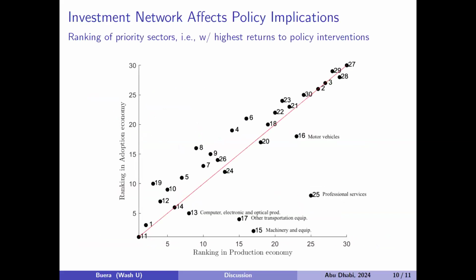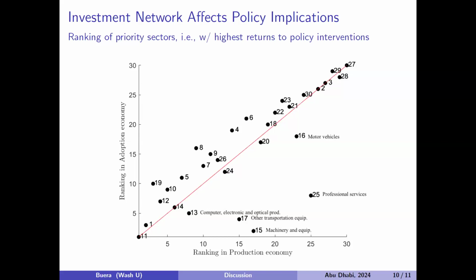So an example of that is you can work out the ranking of sectors, from most priority to least priority sectors. You can do the ranking in a simple production economy with no adoption, and you can do the ranking when you include adoption, the type of measurement that Lucia brings to the table, and you see important differences.